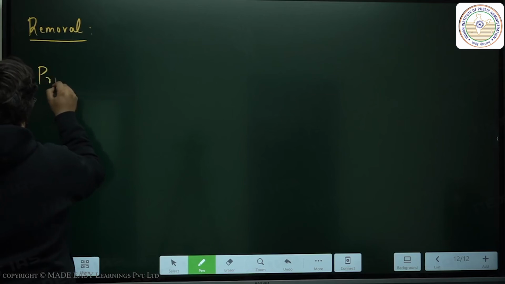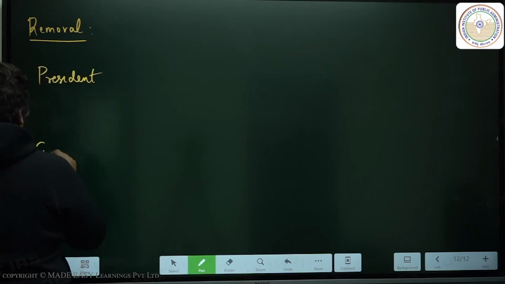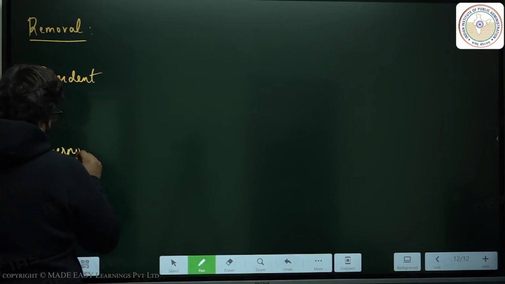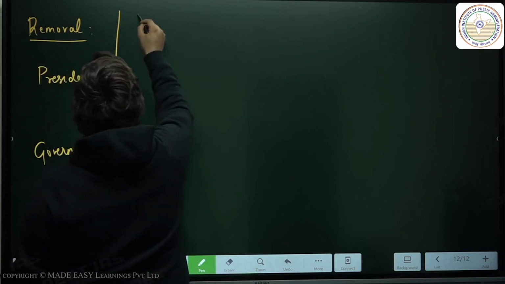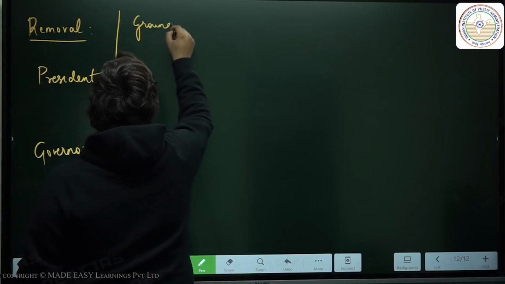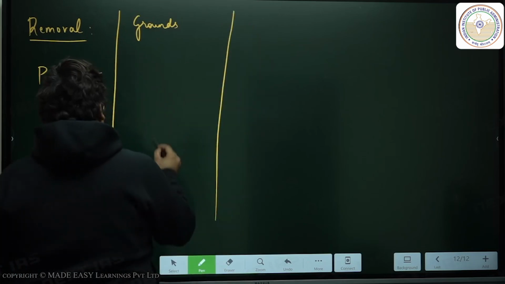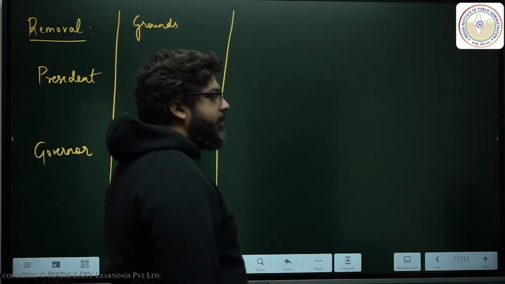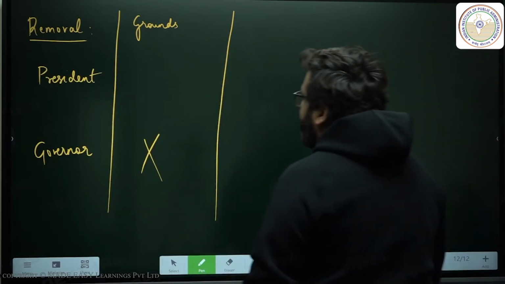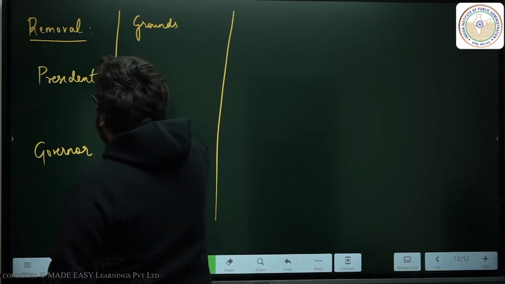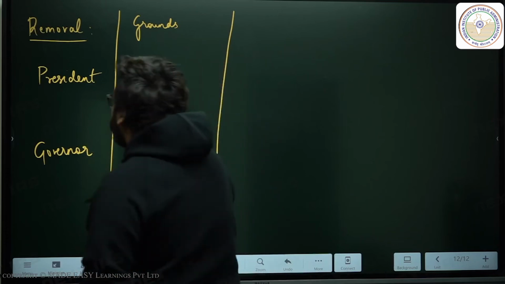Firstly, we look at the president, and secondly, we will look at the governor. The first thing you've got to figure out is on what grounds, on what basis, do you remove the president or the governor? No grounds whatsoever are mentioned as far as the governor is concerned. But as far as the president is concerned, it has one of the most vague grounds across all grounds in the constitution.